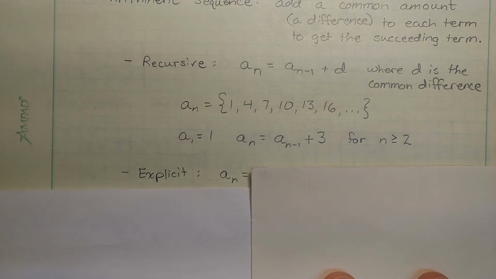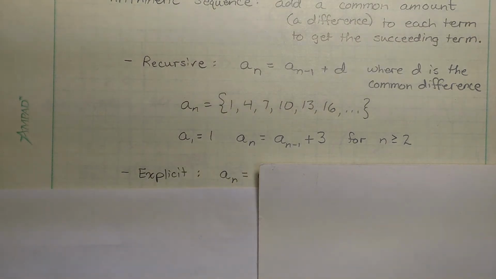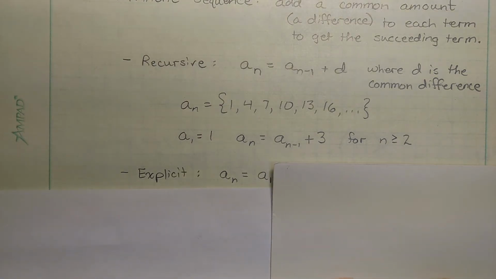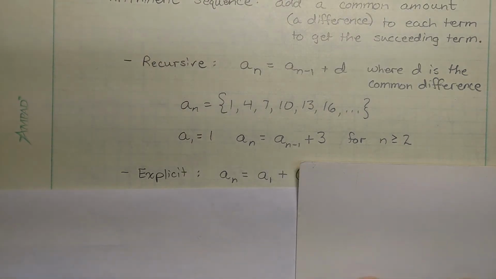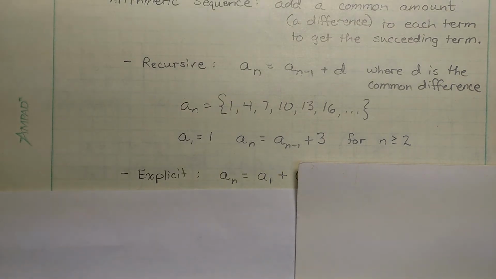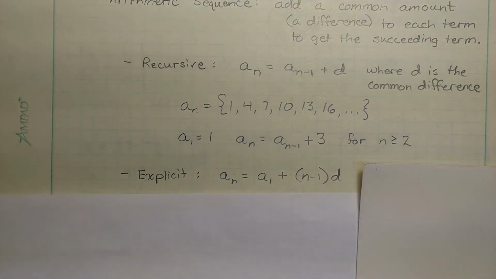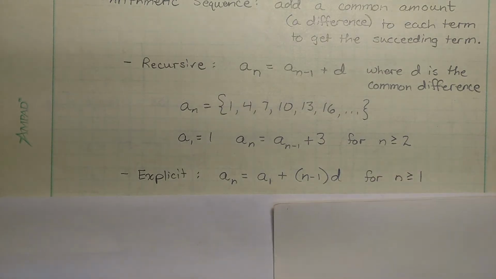Explicitly, we define any term a sub n not in terms of the previous term, but in terms of n, just what number of term that is. Our rule is this, and this is a rule you're going to have to know. We start with our first term, and we add to it n minus 1 times d, for any n greater than or equal to 1.